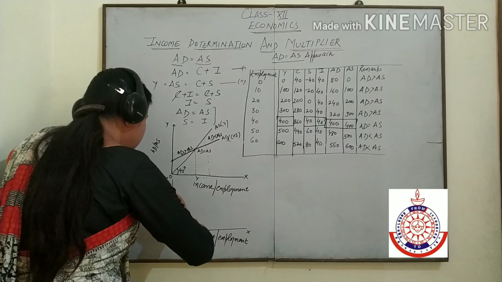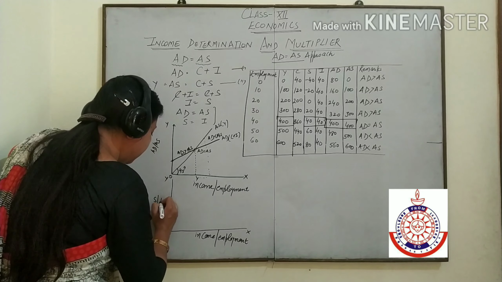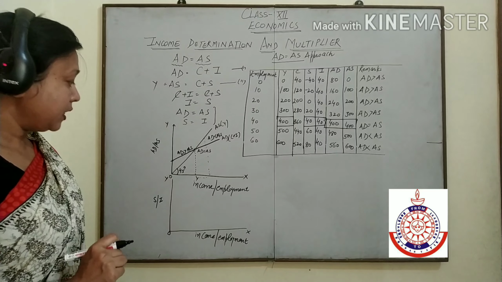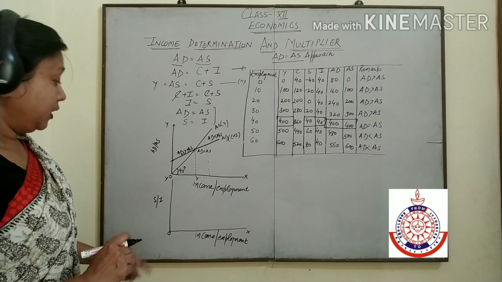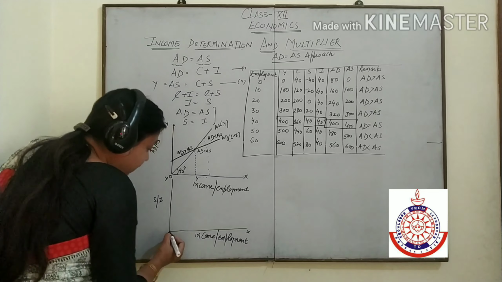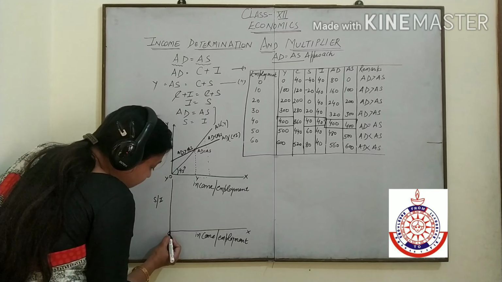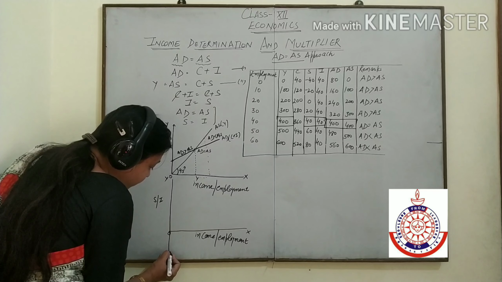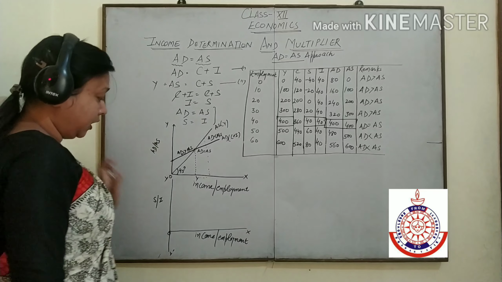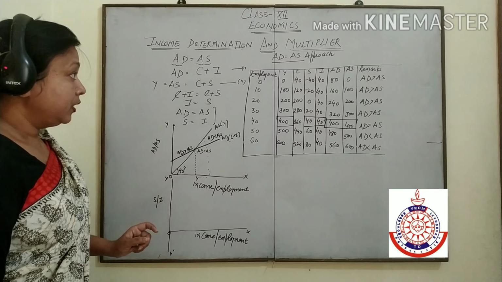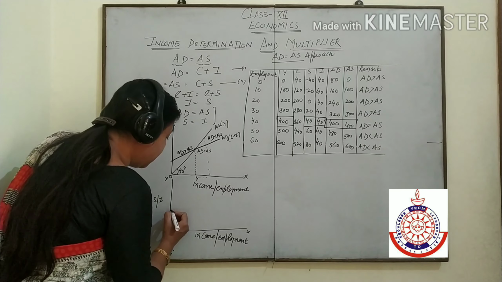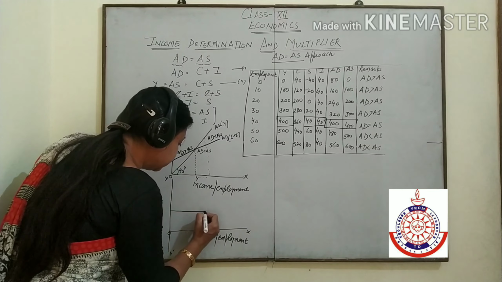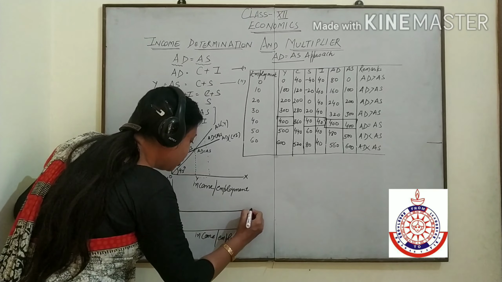On the OY axis, we have to show the saving and investment. Now, saving is negative also, so we are taking the Y axis negative also. Now, investment is a constant. Investment 40, investment is a constant.